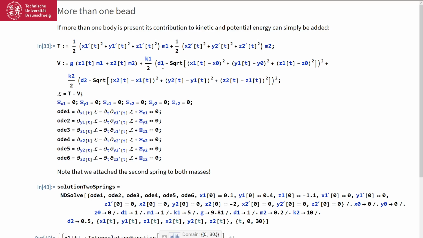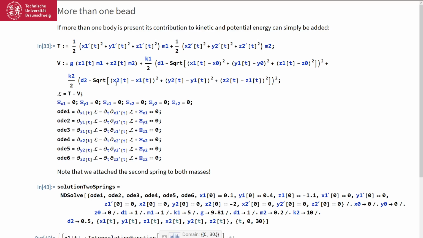And this has an equilibrium distance 1. Now suppose one spring is not attached to a fixed point, but just to the mass of the other point.